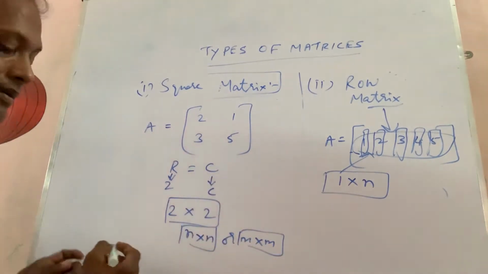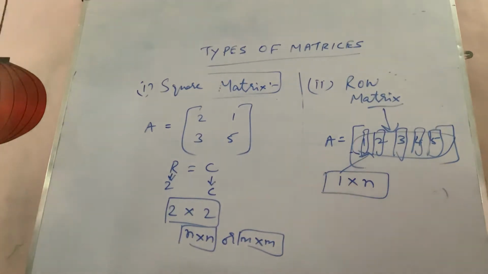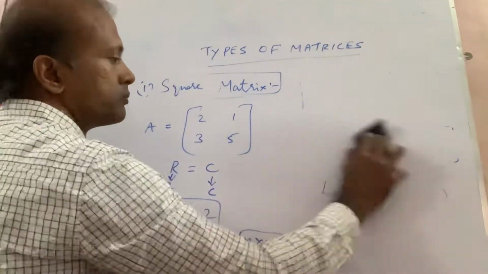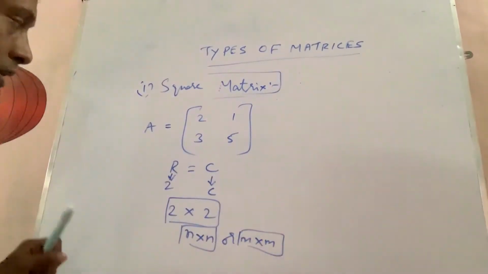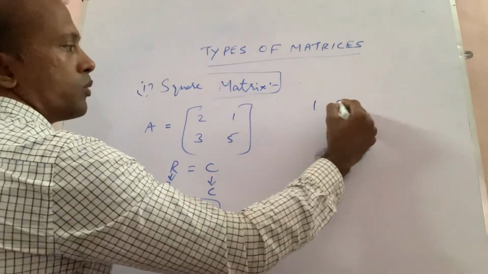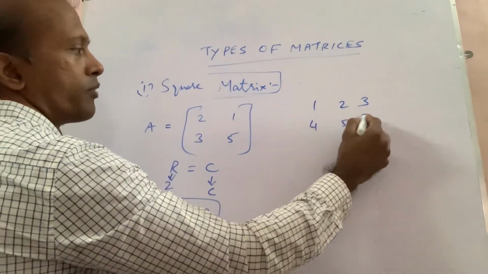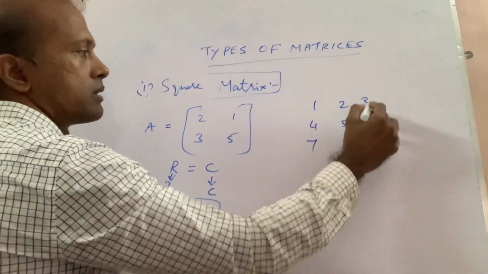So you can also have a matrix of order, let's say, 3 by 3. So how it will be? 1 2 3 4 5 6 7 8 9.